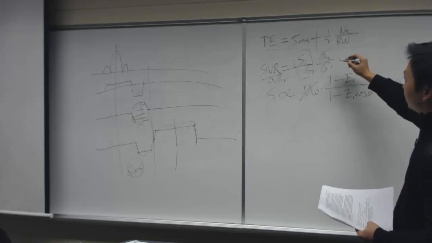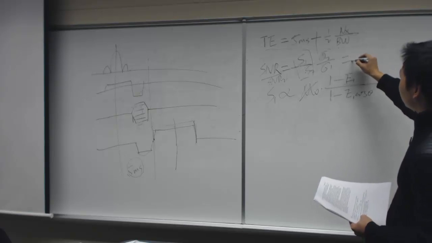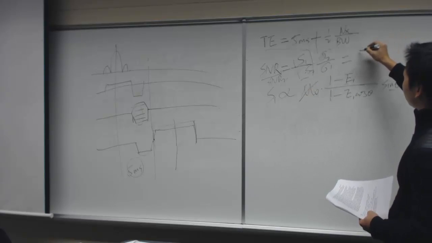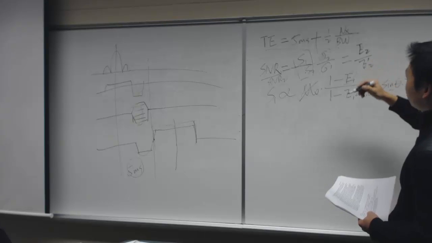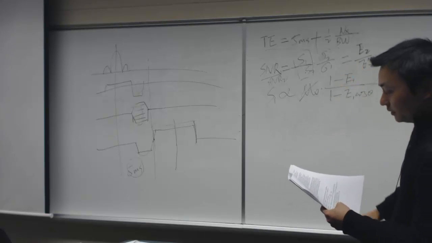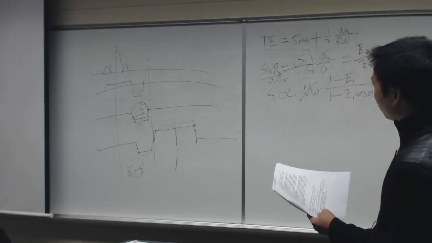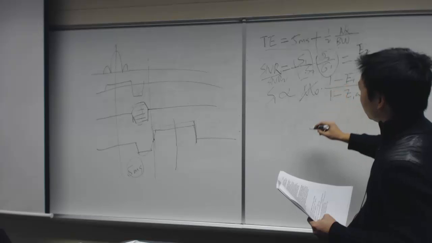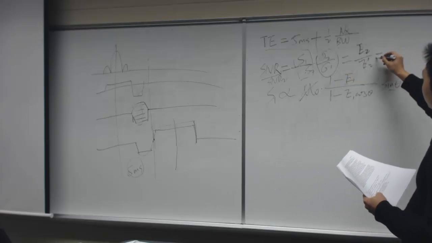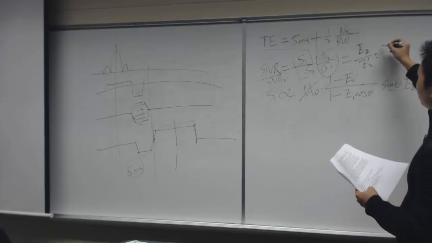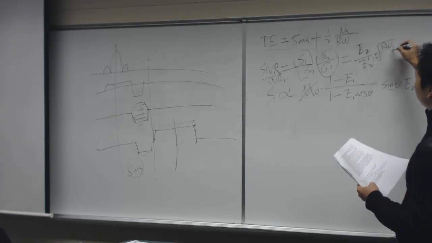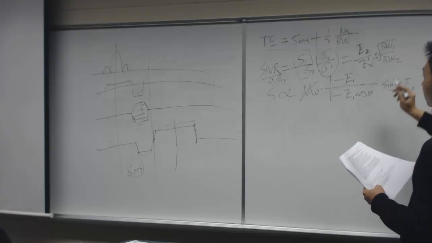Basically, the ratio of the signal is just E2 and E2 prime, with the two different bandwidths. The noise here is proportional to bandwidth, so it's bandwidth 1 and bandwidth 2.